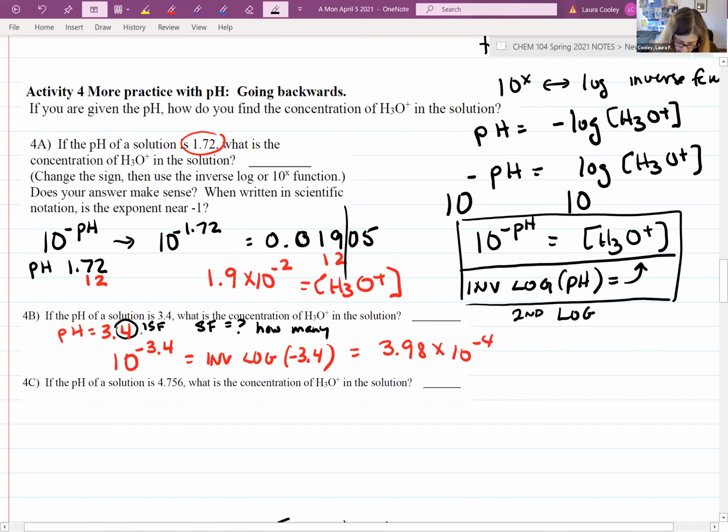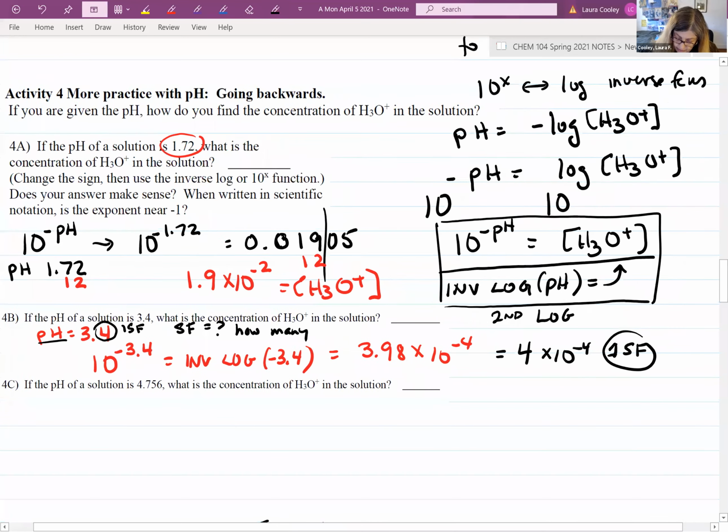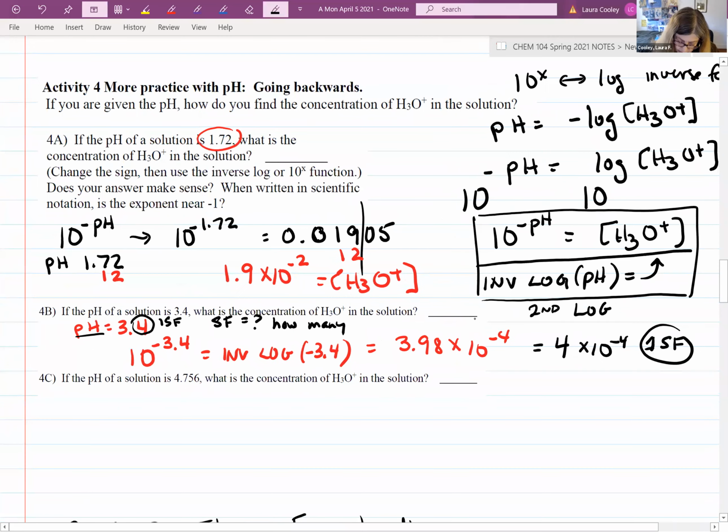So after the decimal point is what you have to look at in the pH. That means this would actually have to be 4 times 10 to the negative fourth, 1 sig fig. So the answer to this is 4 times 10 to the negative fourth molar.